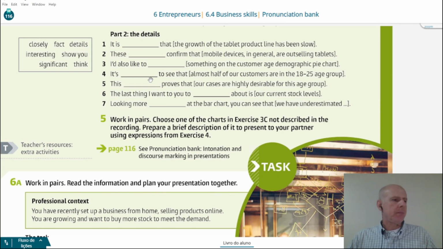It's interesting to see that almost half of our customers are in the 18 to 25 age group. This fact proves that our cases are highly desirable for this age group. Very logical, right? The last thing I want you to think about is our current stock levels.